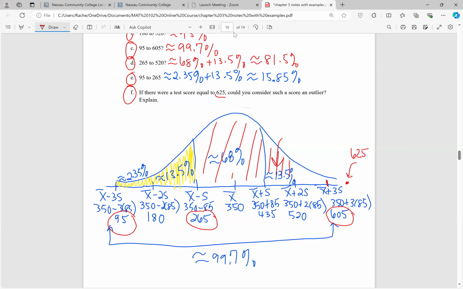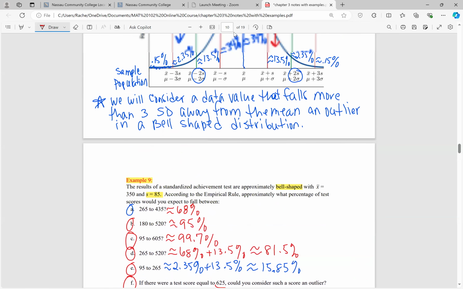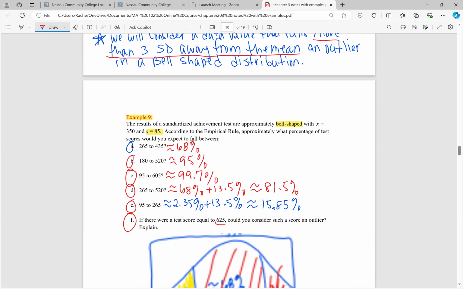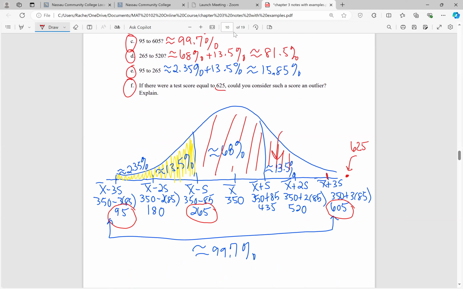And remember what we consider a potential outlier. We consider a data value that falls more than 3 standard deviations away from the mean a potential outlier. And that score of a 625 does fall more than 3 standard deviations away from the mean.